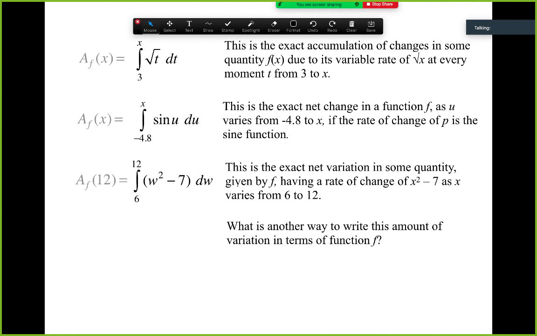Okay, what's another way to write this amount? What are we talking about? We're talking about the amount that the function f, the quantity given by f, varies as x varies from 6 to 12. What would be another, simpler way to write that?